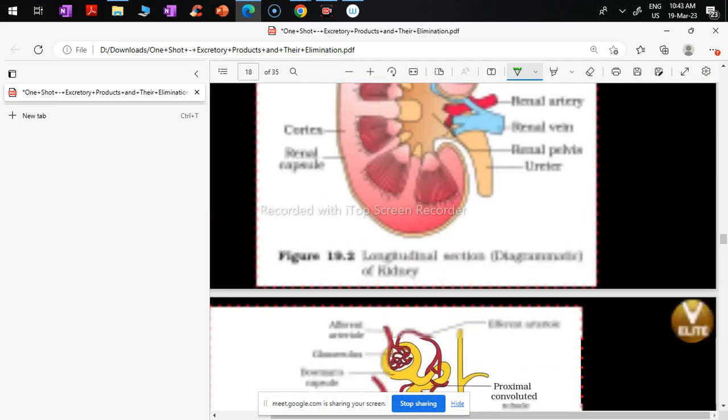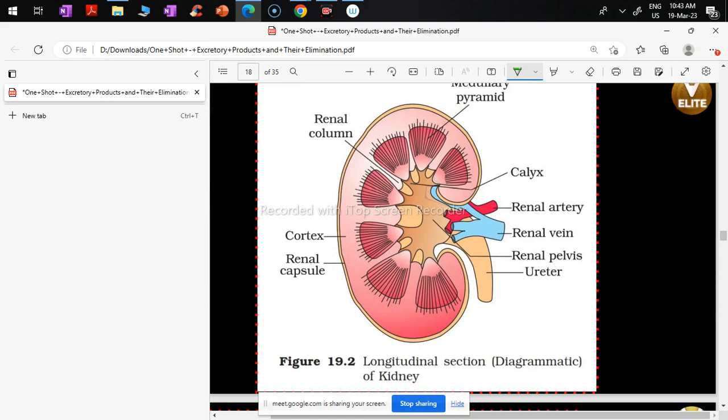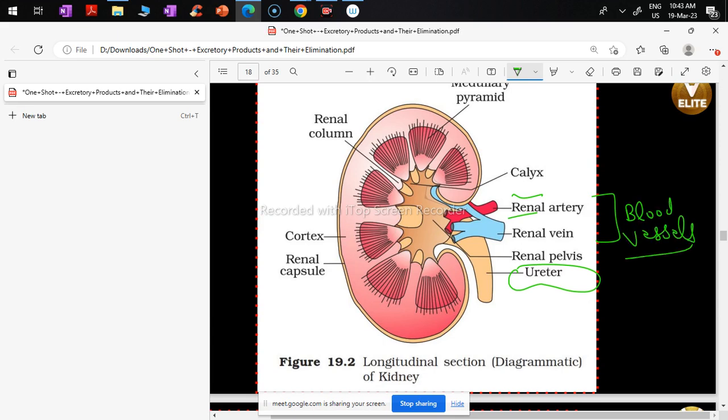Let's see the diagram of the human kidney. You can see here there is a notch called the hilum, and through that notch the ureter and also, as I told you, blood vessels enter. Blood vessels will be here, artery and veins.